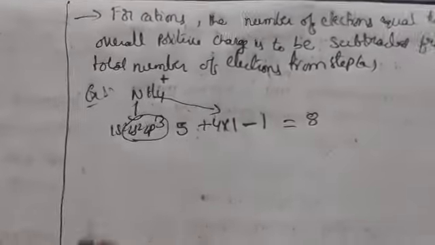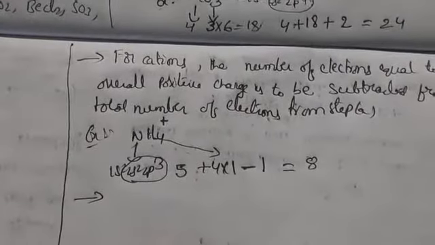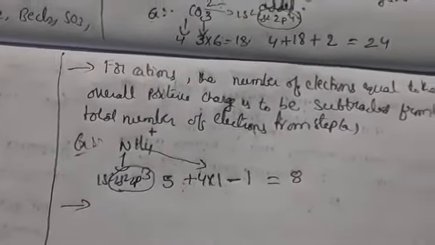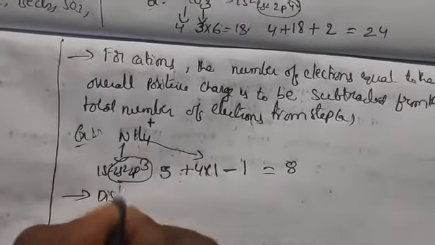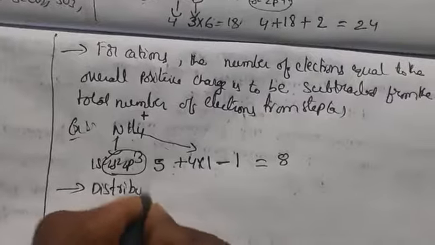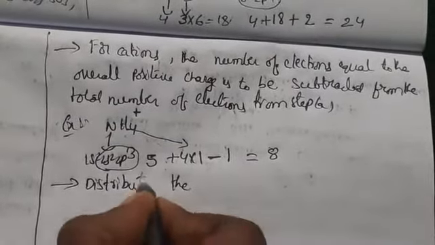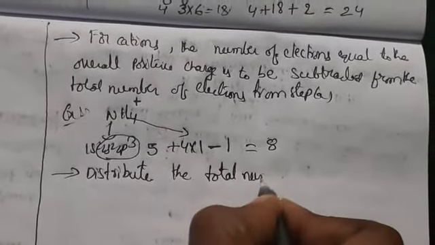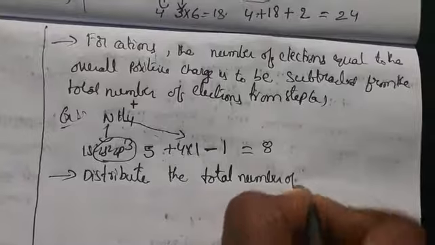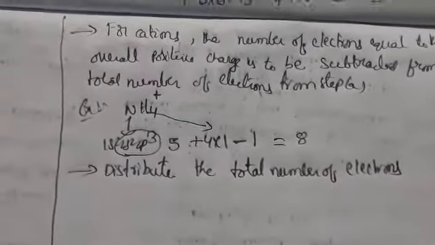So now next let us see step 4. What is step 4 here? In step 4, distribute the total number of electrons. So what we have to do?